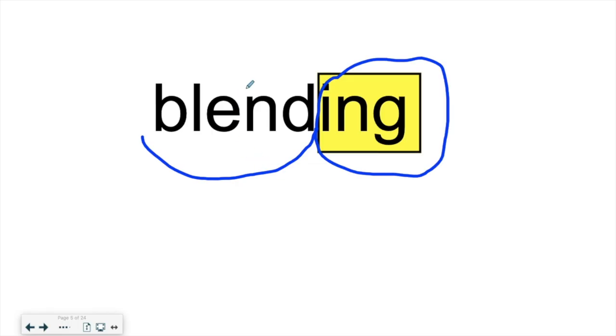One vowel, closed in by at least one consonant, and it makes a short sound. Yes, this is a closed syllable. And then I'm going to put a breve over the top. I'm going to mark up my consonant blends, which is kind of ironic because the word is blend. Blending.